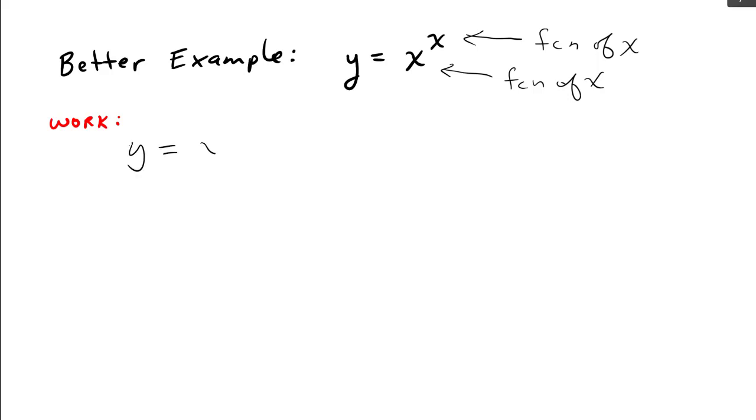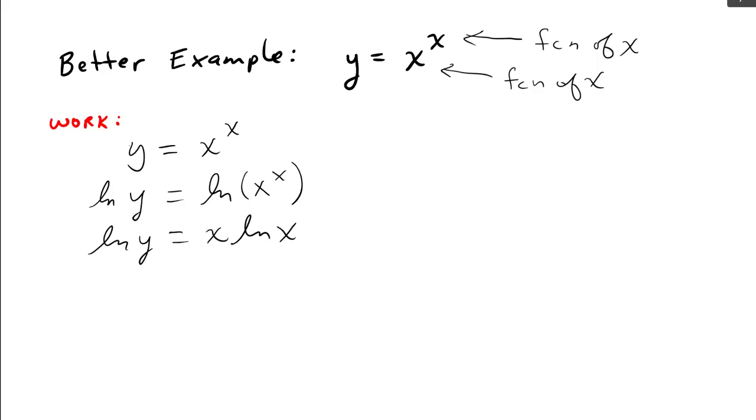Start out with y equals x to the x. Apply ln to both sides. Simplify using the logarithm rules. Okay, no derivatives yet. So now I'm going to start taking derivatives.